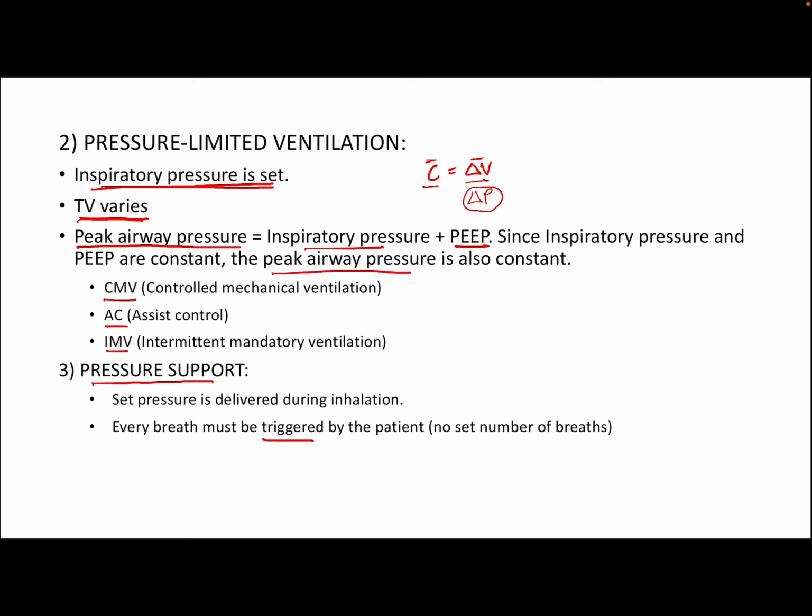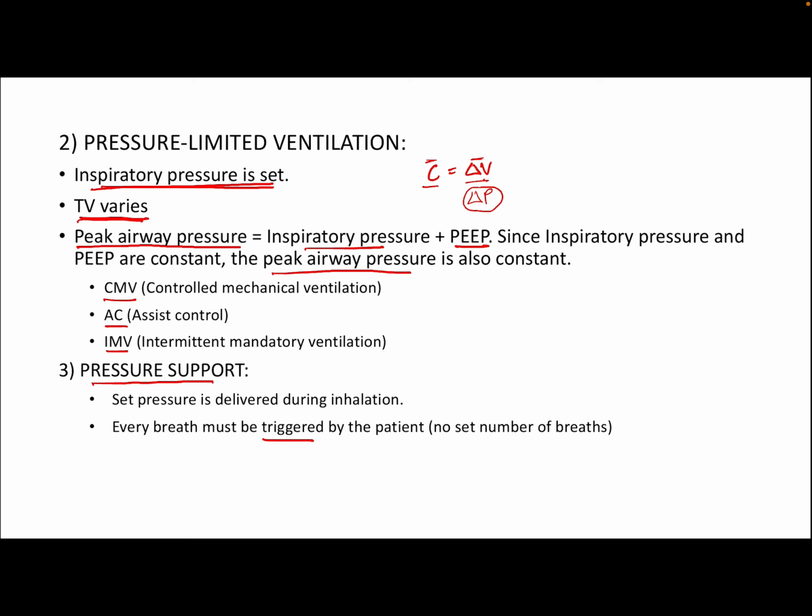Also, the indication for the mechanical ventilation helps decide the type of mode. For example, for patients with COPD or an asthma exacerbation where airflow limitation is the main cause, we generally go for a volume limited AC mode, which is preferred over a pressure limited or pressure support mode. Now suppose we see a patient where we want to limit the pressure in the lung, for example when there is air leakage as in a pneumothorax.